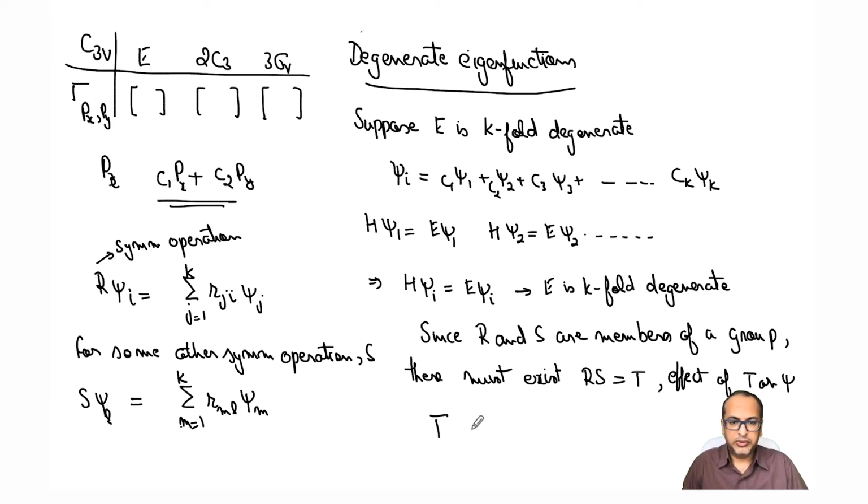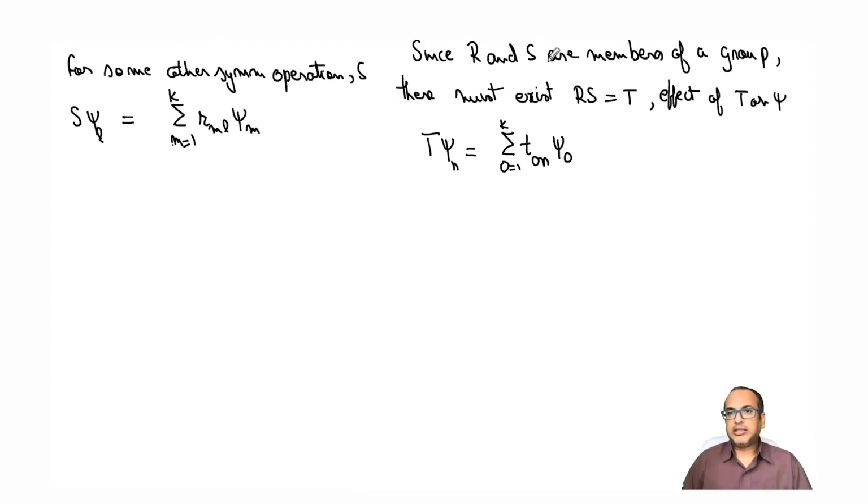Let us write T psi n as the summation over O from 1 to k of t on psi O. Because R and S are members of a group, there must exist RS equal to T. So if the effect of T on the linear combination of eigenfunctions is this, then if we calculate the effect of R and S on a given linear combination, the coefficients, or characters, should match.